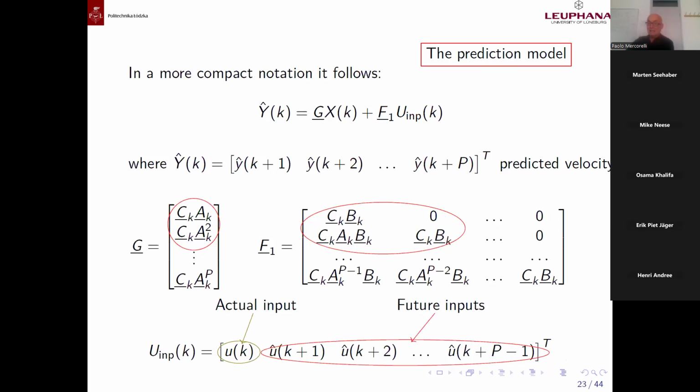Starting from K in the vector of the input until P minus 1, or better to say, K plus P minus 1. This means you have P elements of U, let me say. But the same P elements we have here, the same P elements also in the prediction, errors in this case, or output. No? Exactly what you have here in these slides.